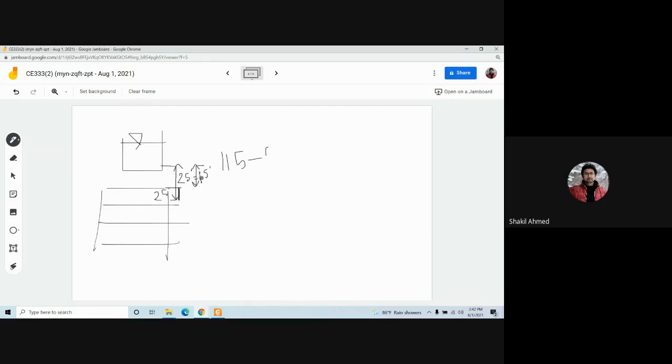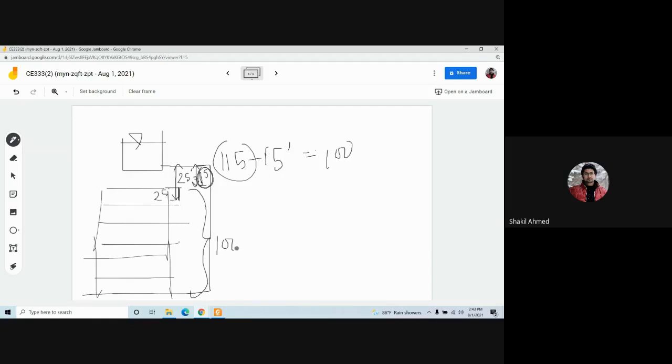This is 15 feet. So 115 is from there to the lowest part of the downfeed zone. So if you deduct this 15, you will get 100 feet. This is 100. So 10 floors.